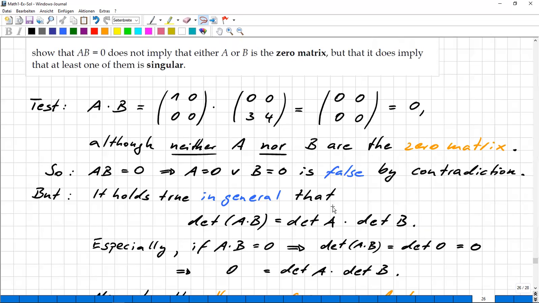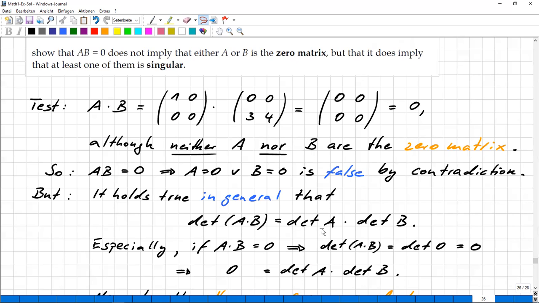This is an interesting fact, by the way. To prove it is not really trivial. It's some effort to prove it, okay? But anyway, the determinant of such a matrix product is exactly the product of the determinants of the two matrices.